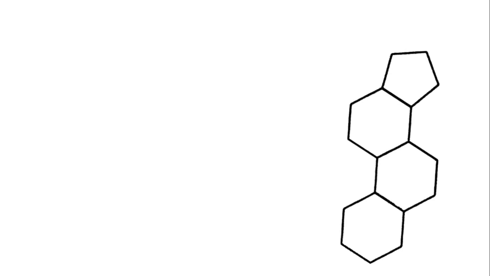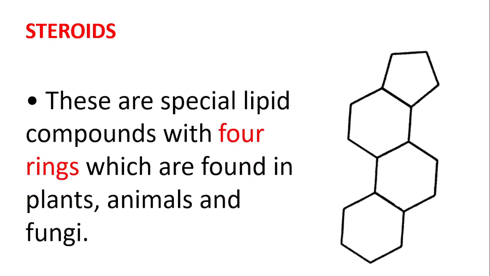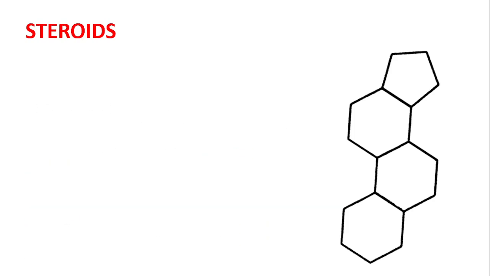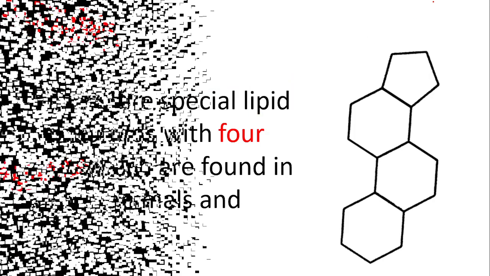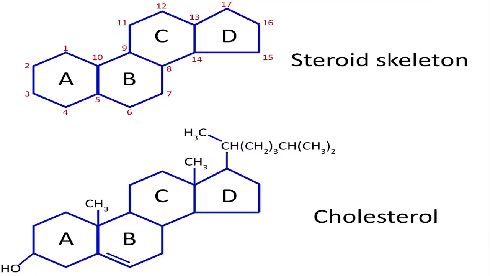Let me quickly explain the last one, which is the steroids. Like we said, steroids are normally hormones. These are special lipid compounds with a 4-ring structure which are found in plants, animals and fungi.